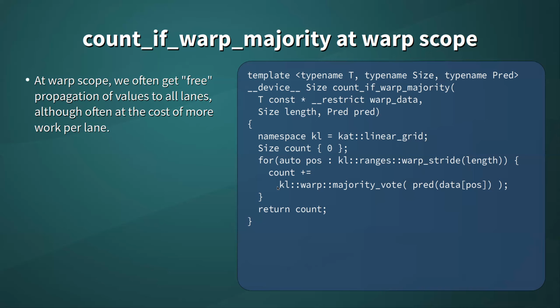So it's propagation for free. So if everybody has the value for the entire warp, then everybody can compute the count, and we don't have to do some inter-thread communication after we're done with the loop. That means that we actually have the warp count at the end, and not just the count of what's relevant to our thread.